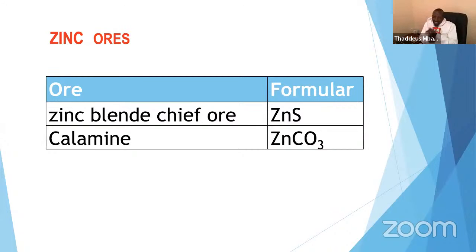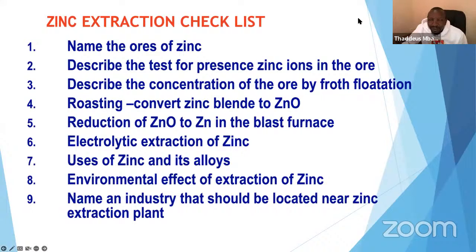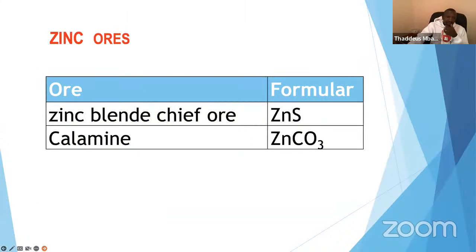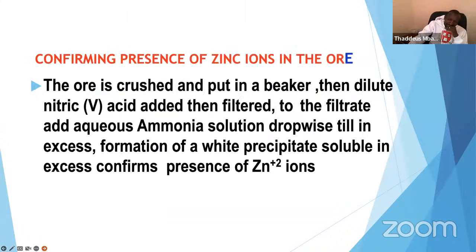We first of all crush the ore into a fine powder. Then we add what? So you don't remember anything that you said about the testing for cation.